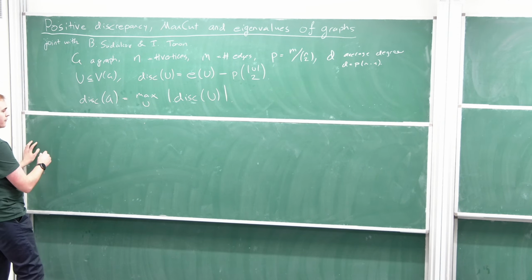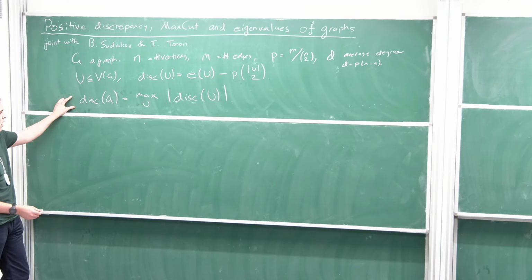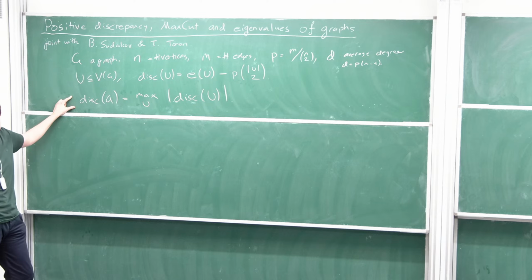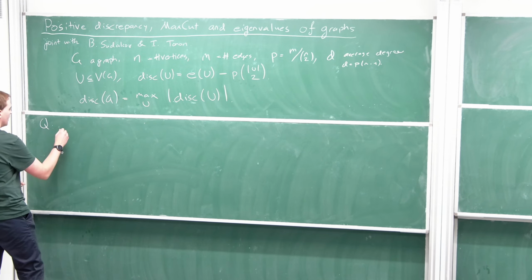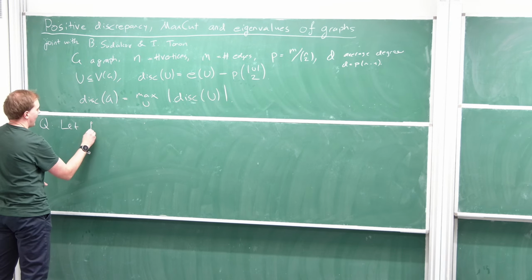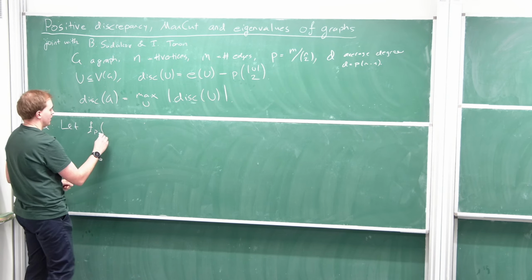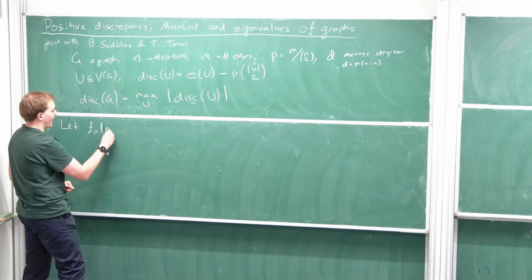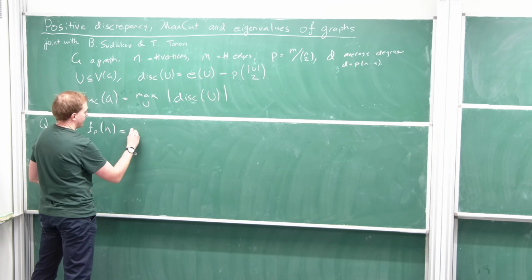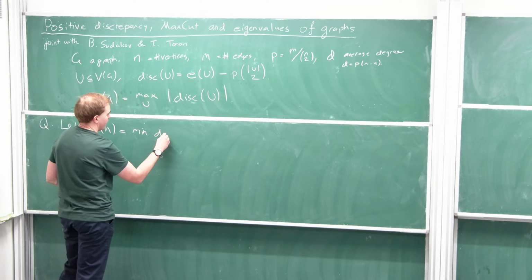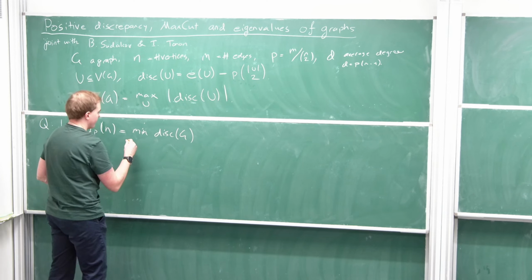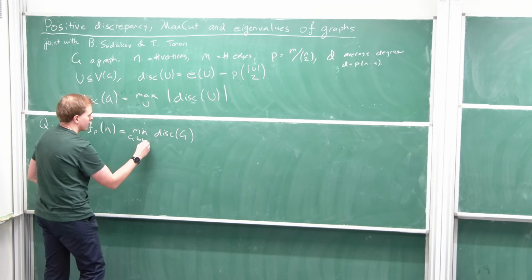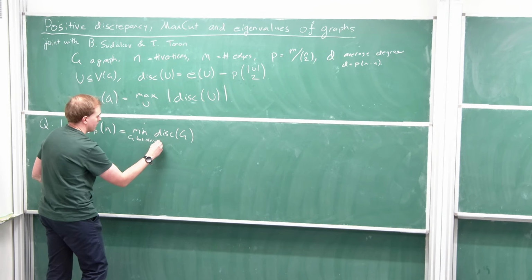A natural question to ask is how small this quantity can be, obviously under some constraints. A natural constraint is given the edge density of G. Let F_p(n) be the minimum of the discrepancy of G, given that G has density p.